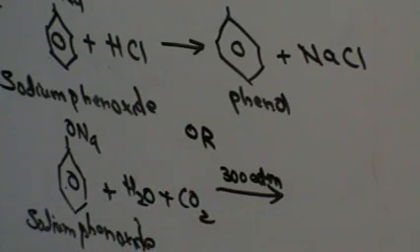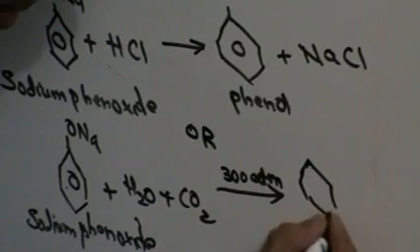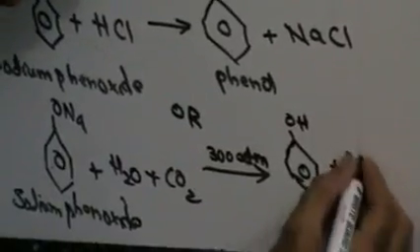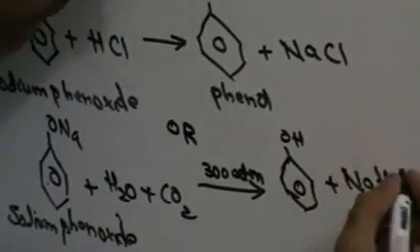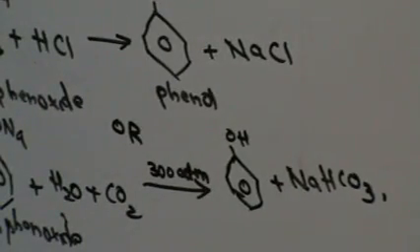When you react with water and carbon dioxide, again you get phenol and you get sodium bicarbonate. Right? This method for preparation of phenol is called the Dow process.